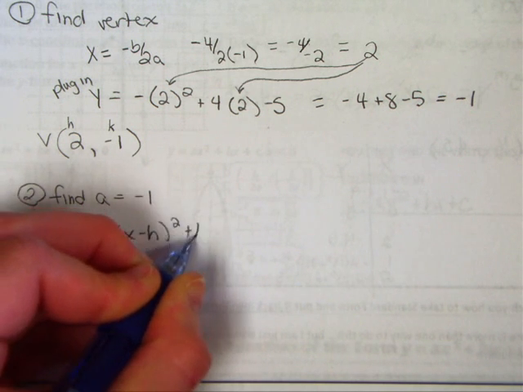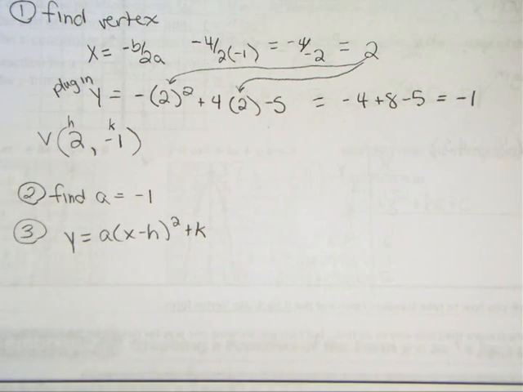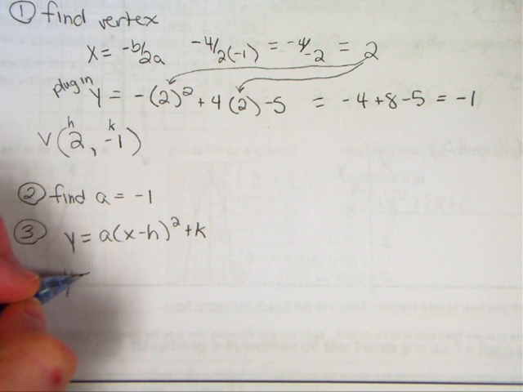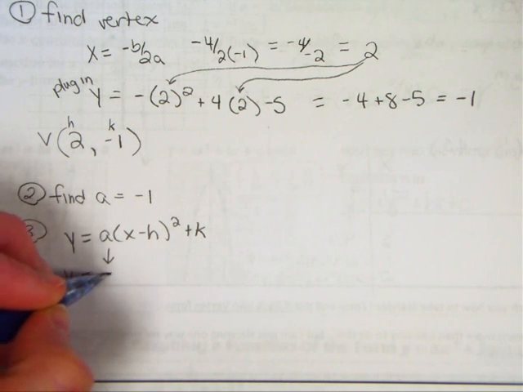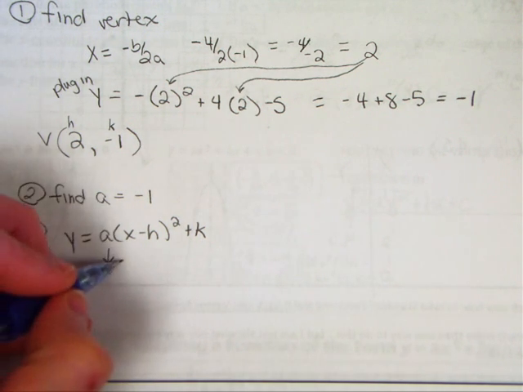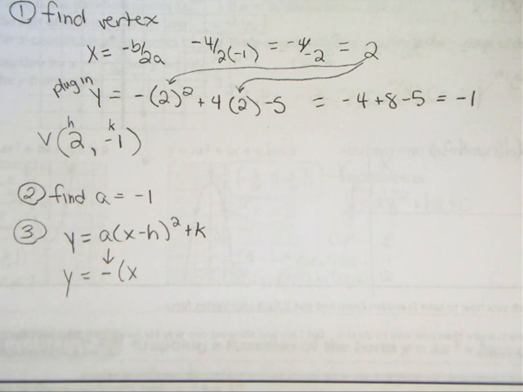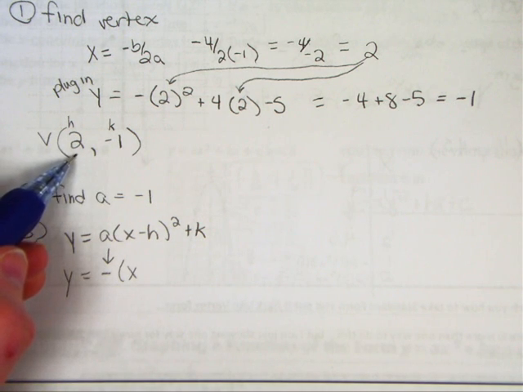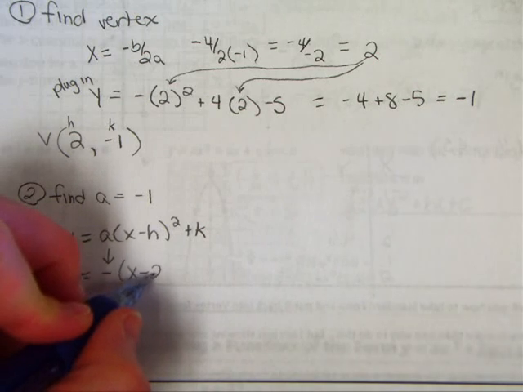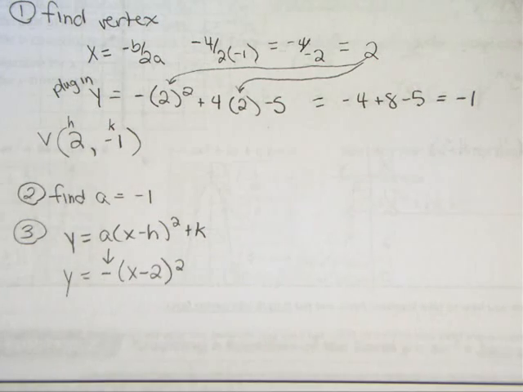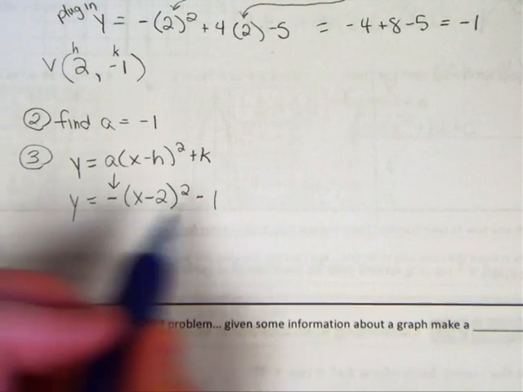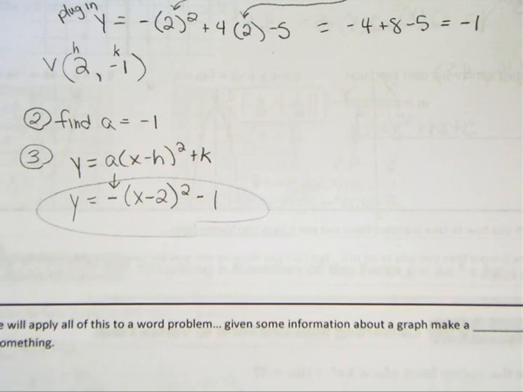This is yesterday's lesson. We'll plug in a, which is a negative 1, x minus h, so x minus 2, square it, minus 1 on the outside. That's how you put this in vertex form from standard.